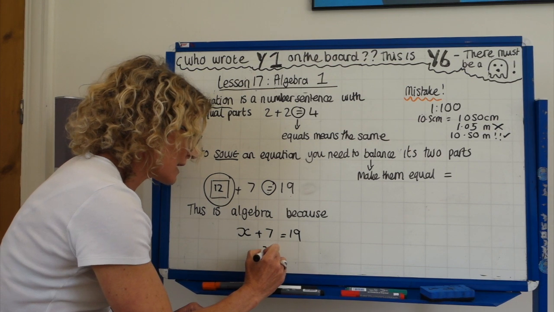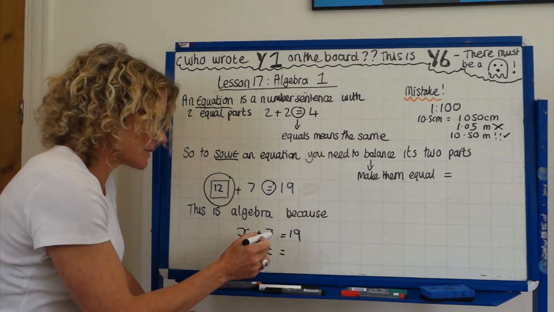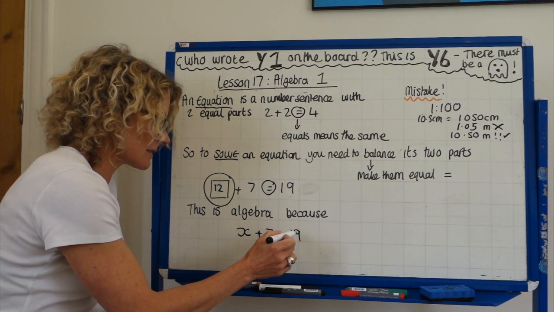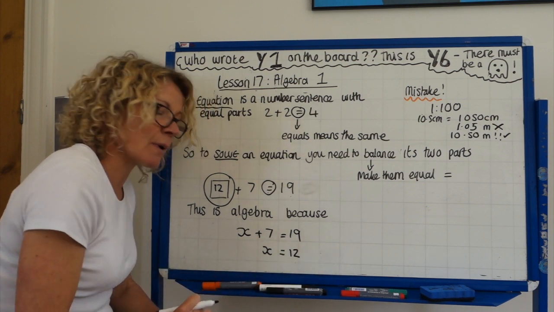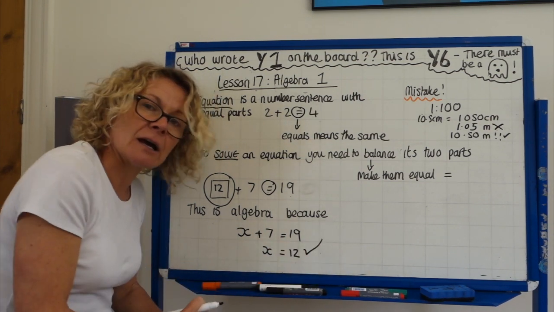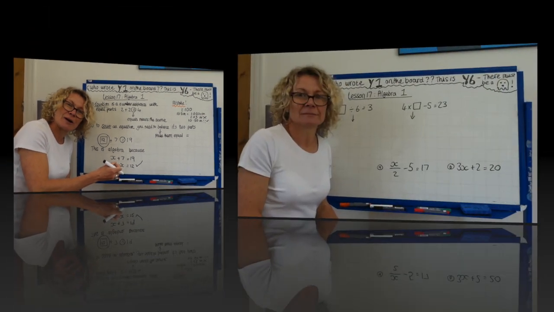So therefore, what is X? You do the opposite operation. So you take that 7 away from 19. So X equals 12. Bingo. I'll come back with a couple more. We'll go through them. Then I'll set some work for tomorrow.